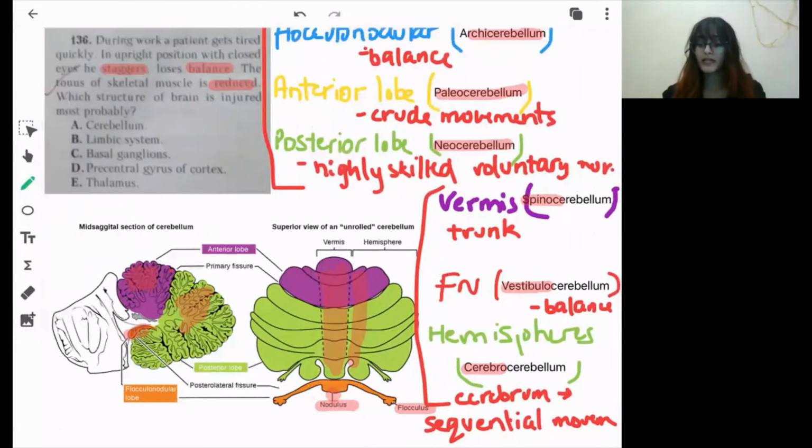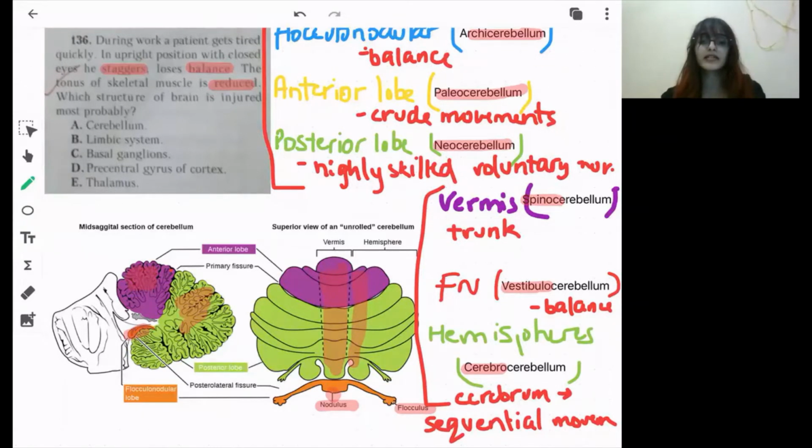So again, the flocculonodular lobe, that is the oldest one, also called the archicerebellum or the vestibulocerebellum, is for maintaining the balance of the body. Anterior lobe, posterior lobe, don't use this classification; mainly use the spinocerebellum, that is the vermis.